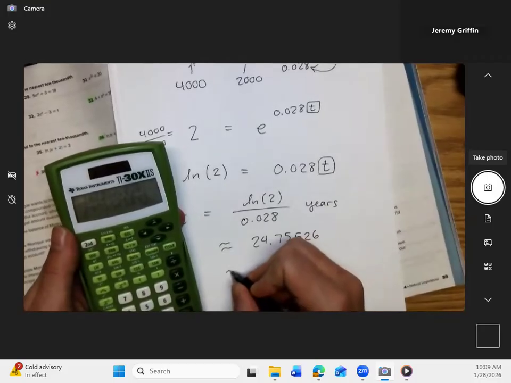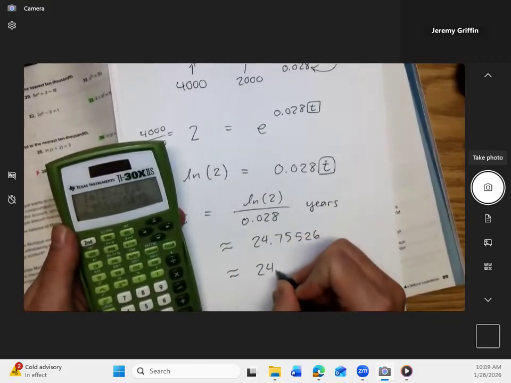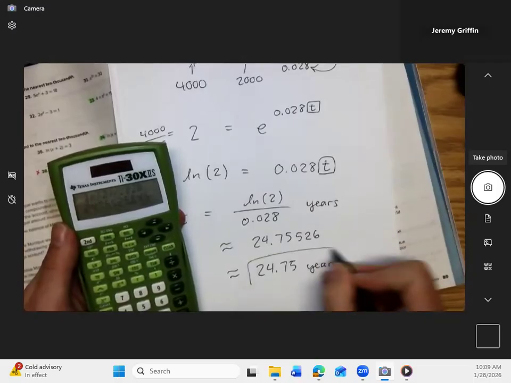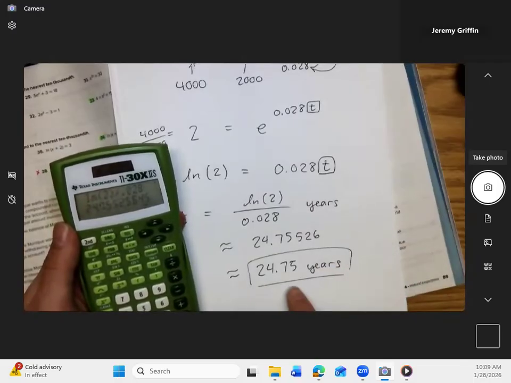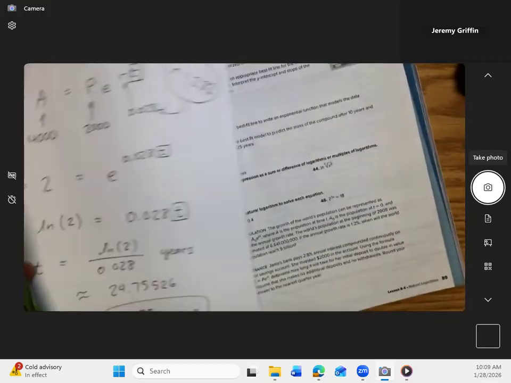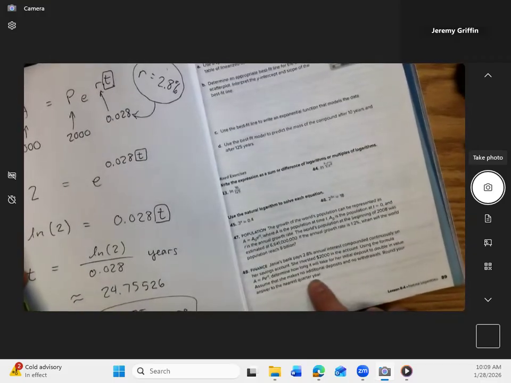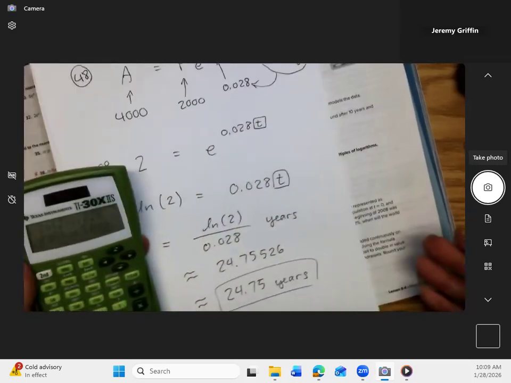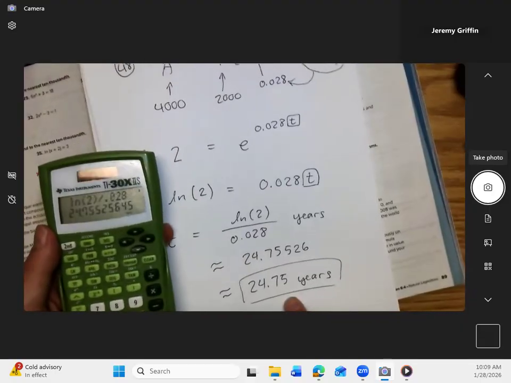So the nearest quarter would be 24.75 years. It says to the nearest quarter, so the only possible answers are 0, 25, 50, 75, 100. Okay, right. Near the quarter.